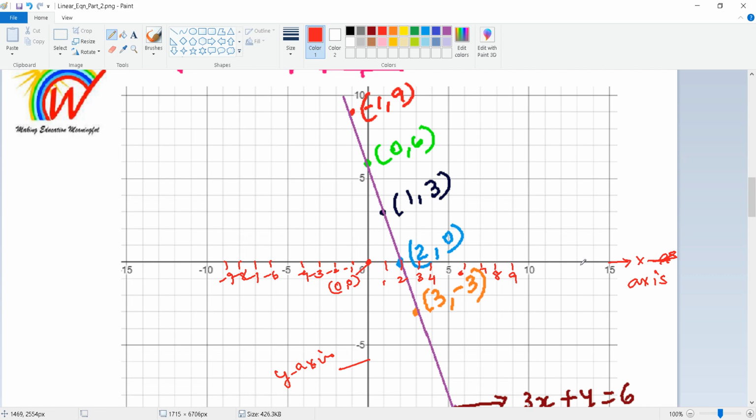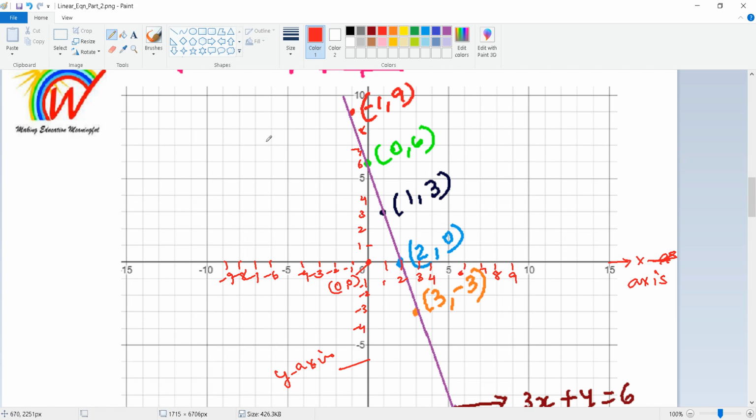Similarly on the y-axis, on top you will count 1, 2, 3, 4, 5, then 6, 7, 8, 9, 10 and so on. At the bottom you will get minus 1, minus 2, minus 3, minus 4, minus 5 and so on. So this is how the reading goes.